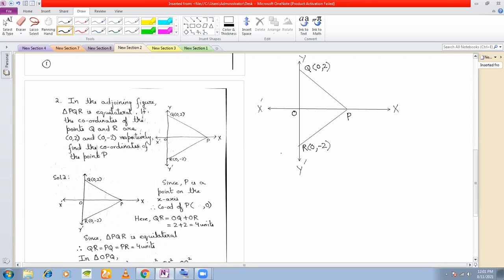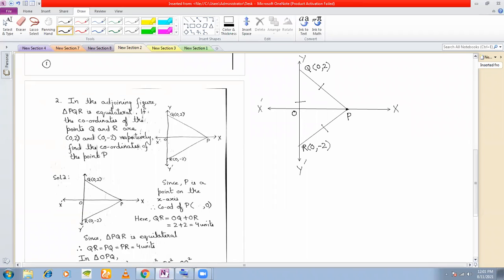All these are equal, right? Okay. We cannot mark much, so let's mark it in this way. So these three sides are equal. If the coordinates of Q and R are 0, 2, and 0, minus 2, which is already shown in the figure, find the coordinates of P. You need to find out the coordinates of P.